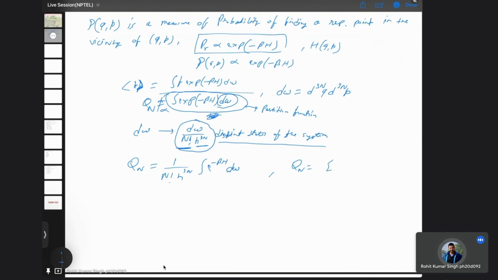Then our partition function was given by this quantity, where the sum is over all the different energy states possible.